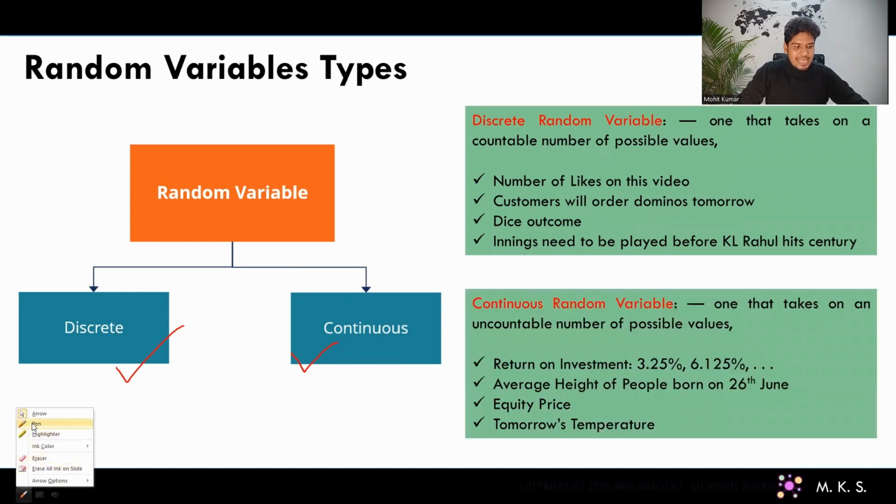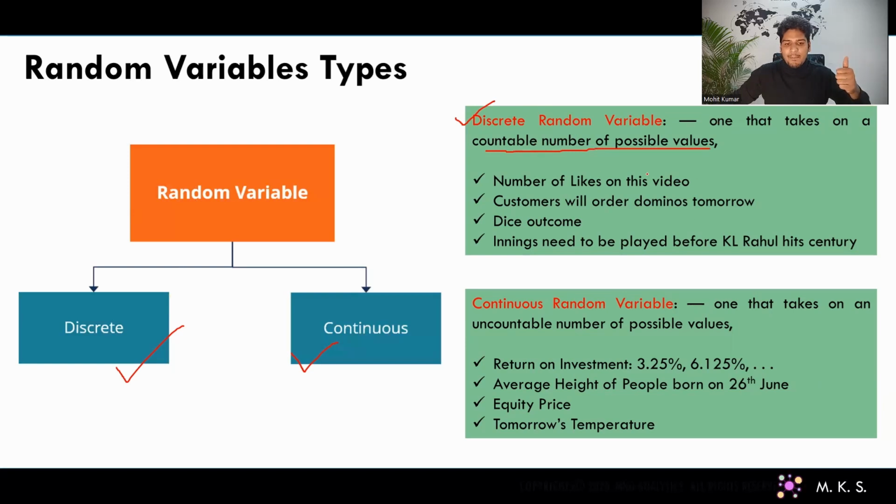Let's take an example of how many people will enter a store or how many products will get sold. That will take some countable numbers, right? That will not take any decimal number or something like that. So that is why it belongs to the discrete random variable. A discrete random variable is one that takes on a countable number of possible values, guys.